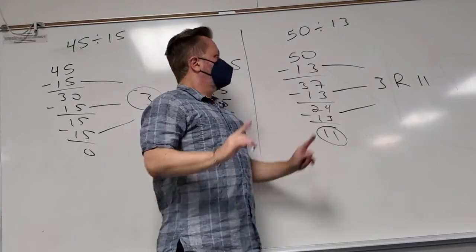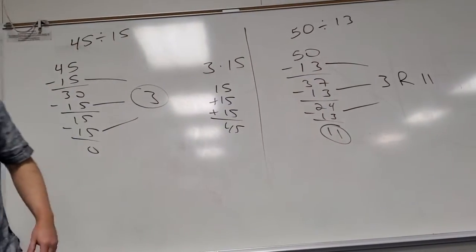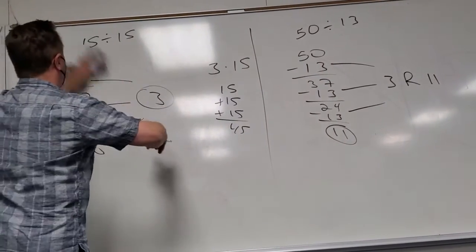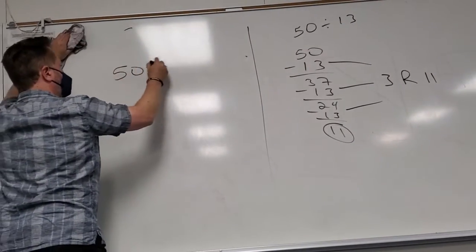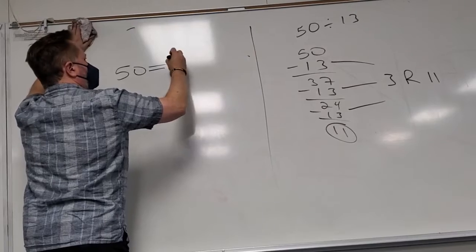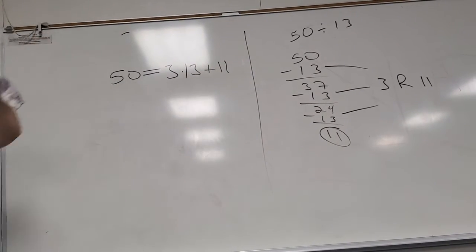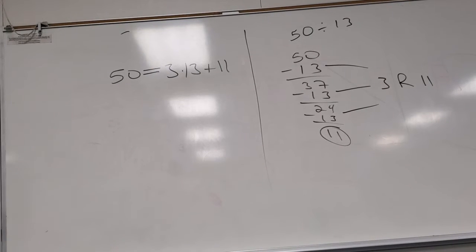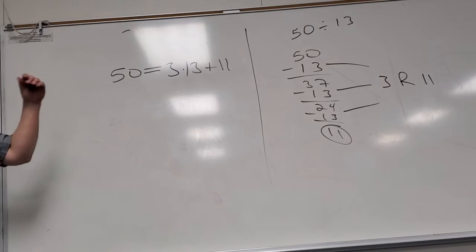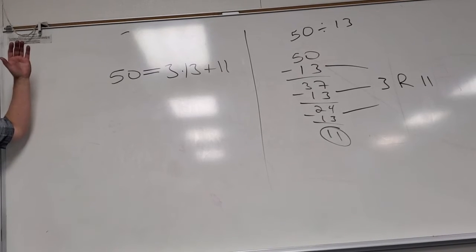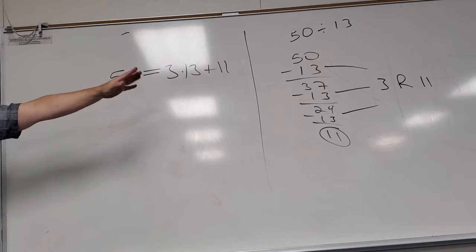Another thing all this work tells me is that 50 can be written as 3 times 13 plus 11. So this is just another way to write a statement from a division result.